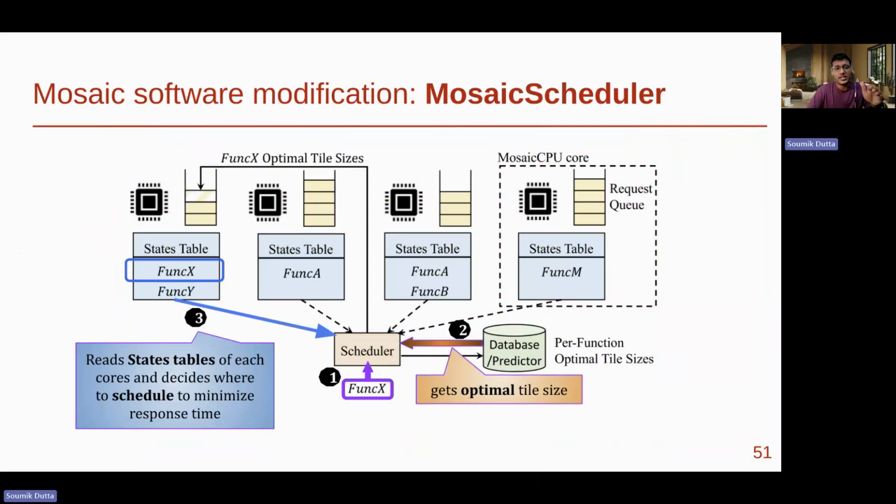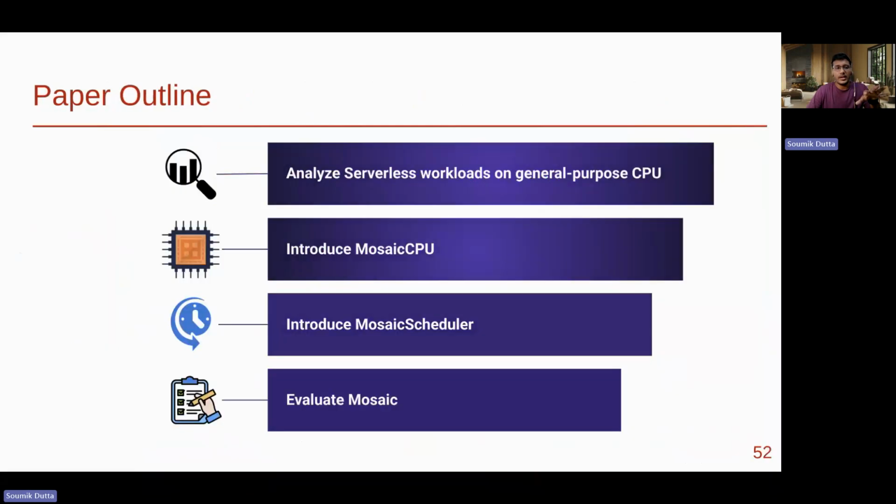Here, as function X was already running on this left-hand side core, the scheduler will first try to schedule on that core only, to reuse the chunks. So this is the overall idea.